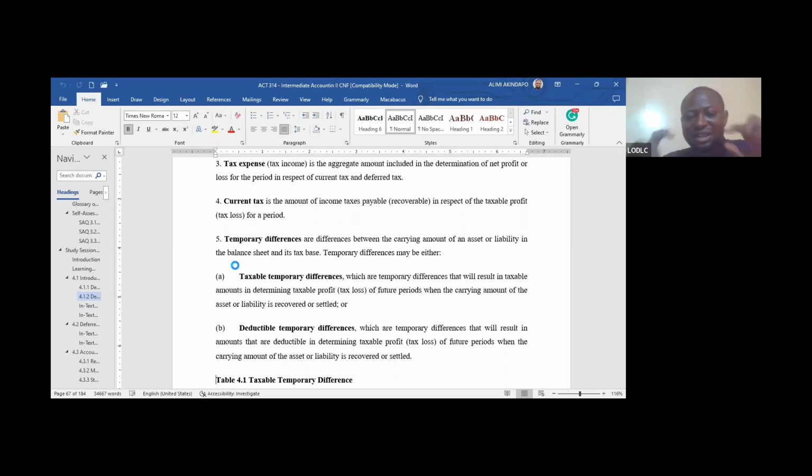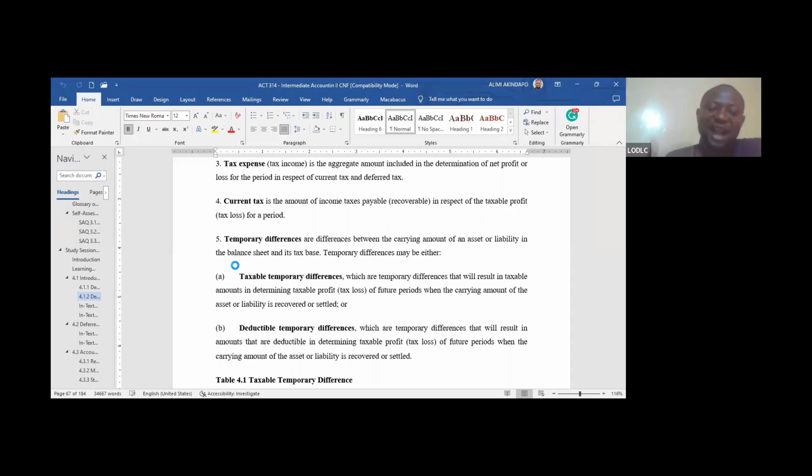Your carrying amount is the amount that you can find on your statement of financial position, while the tax base is the amount attributed to the asset or the liability for tax purposes. And the difference between them is regarded as temporary differences.